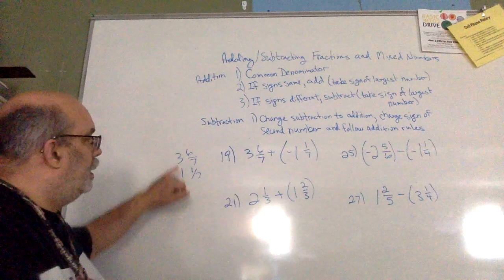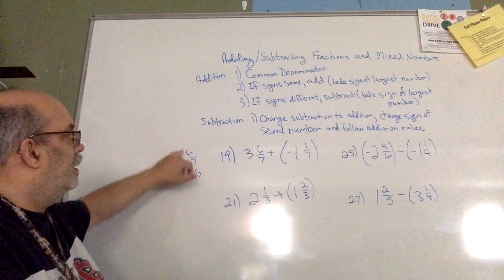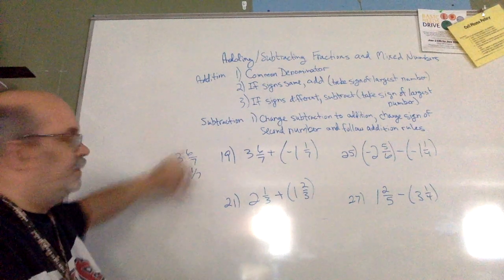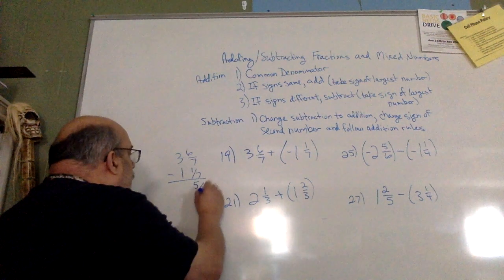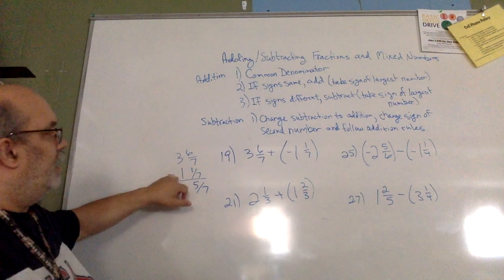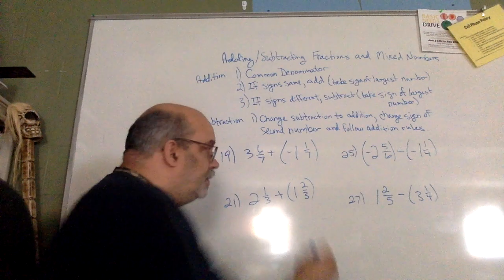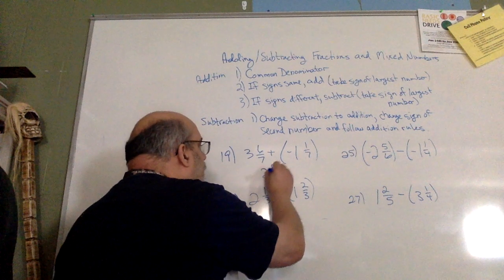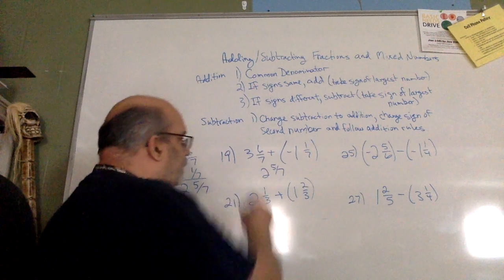So we have 6/7 and 1/7. You can take 1 from 6, it gives you a 5. And 3 minus 1 is 2. So our answer is 2 5/7. And 3 is larger than 1, so it's a positive.